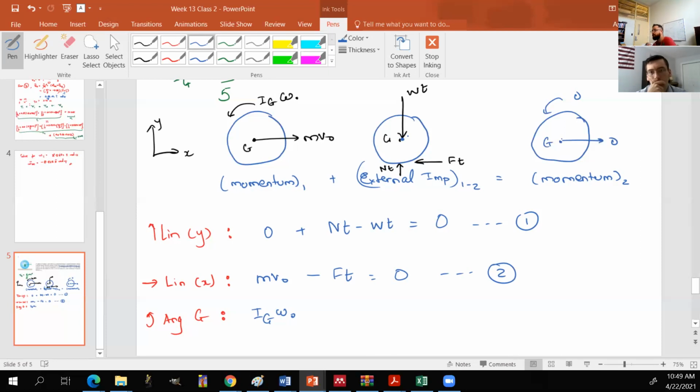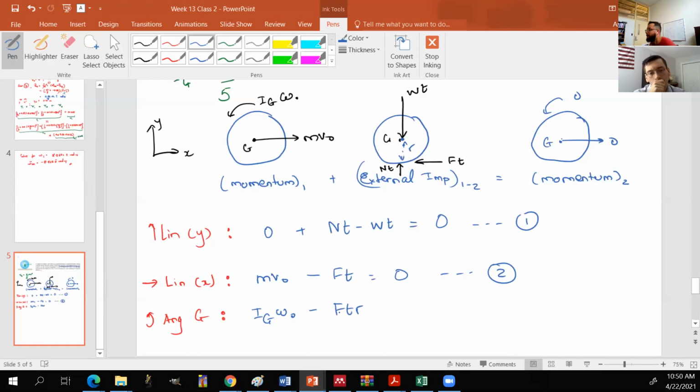Remember, your angular impulse is the moment of the momentum. So here, you're going to have a moment due to this force F, and that's going to be R cross F, and then you have the time period t over there. And because it's going to be clockwise, it's going to be negative. So your angular impulse here is just F t R.